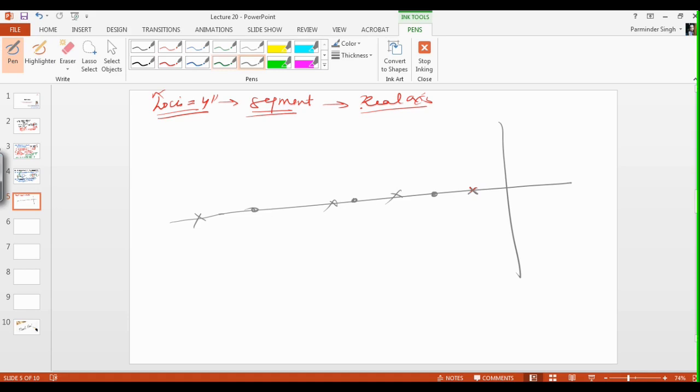Let's take this section first, this part. On the left hand side of this segment, do we have any pole or zero? That means on this side, do we have any poles or zero? No. Okay, I just make a correction over here.